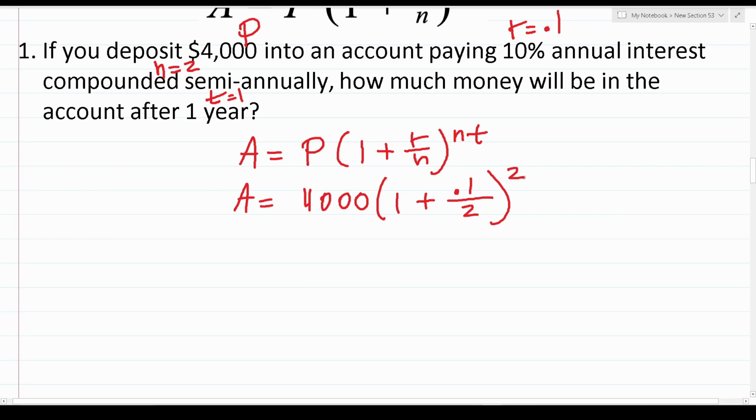Again, N was 2, and our time was 1 year, so t is 1, so this is 2 times 1. Let's go ahead and start simplifying this. We have 4,000 times 1 plus, and let's work this out. Again, this says 0.1 divided by, and let me move down a little bit. It says 0.1 divided by 2.